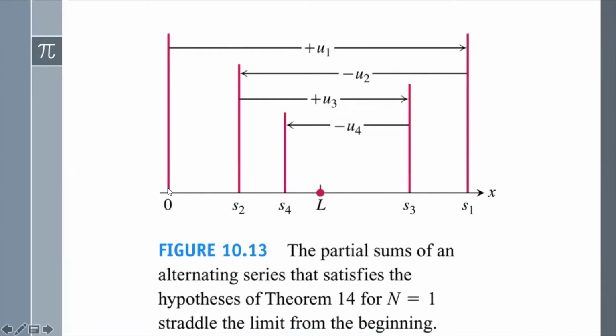So starting at 0, you add the first term and then subtract the second term and then add the third term, subtract the fourth term, and you see where the partial sums end up, and they keep falling alternately above and below this number L, which turns out to be the limit. And eventually they will get as close to that limit as you want, as long as you go out far enough.